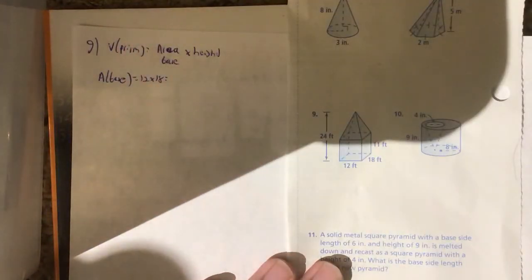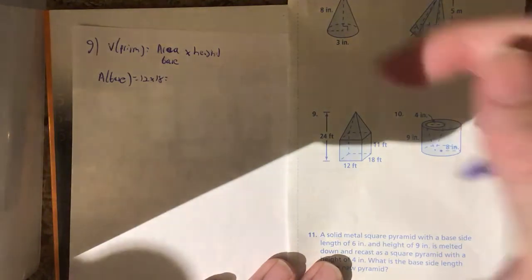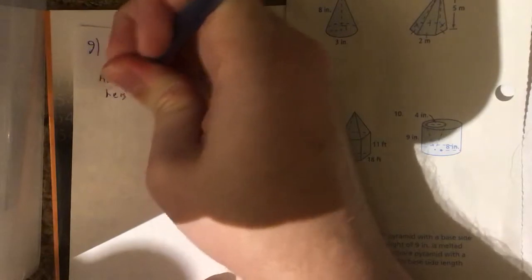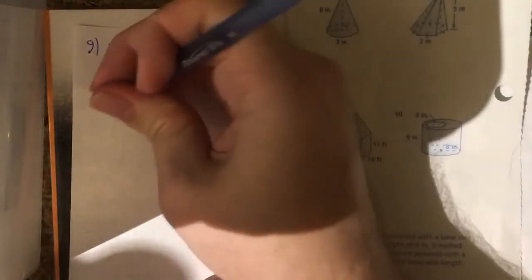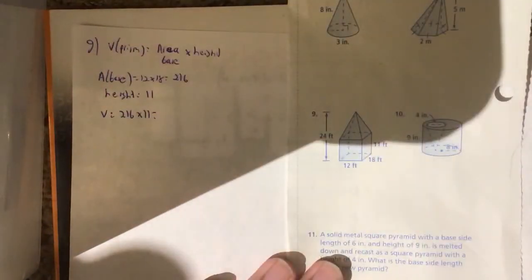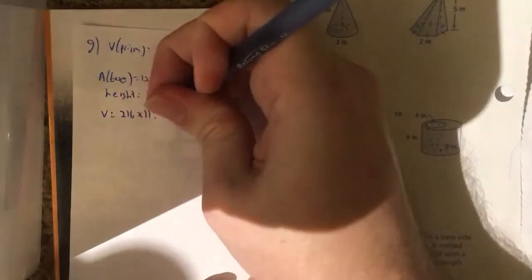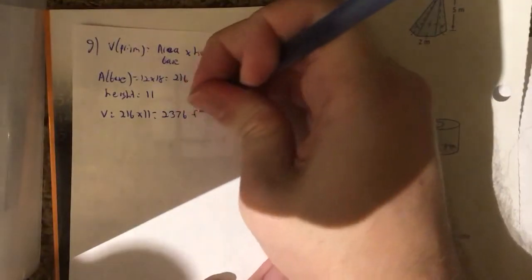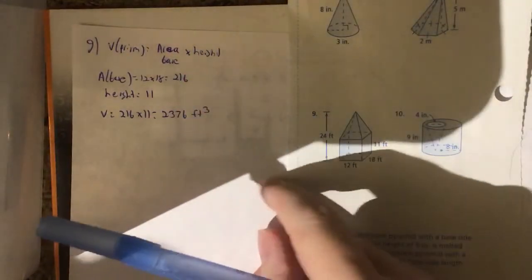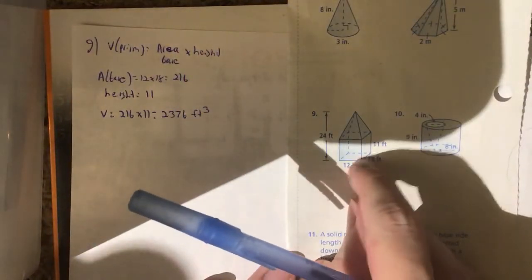And if I do that on my calculator, 12 times 18 gives me 216. And the height is 11. So the volume is 216 times 11. And 216 times 11 gives you 2376. And it's feet cubed. So we're halfway done. We found the volume of the bottom part.